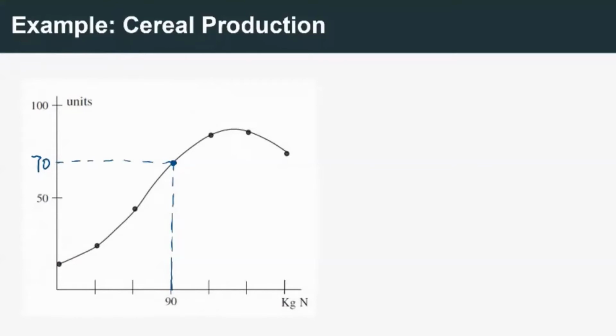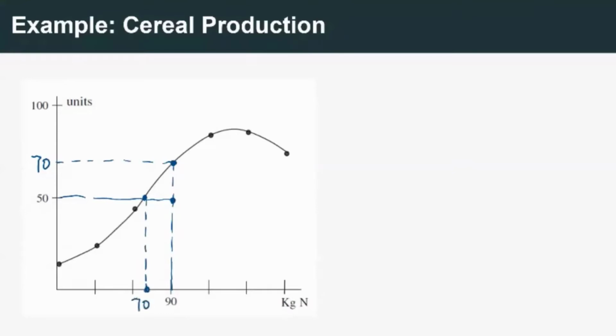But for example, here at this point, let's say using 90 kilograms of nitrogen, can a producer produce 50? Of course, yes. The producer could simply use this amount, let's say maybe this is 70.